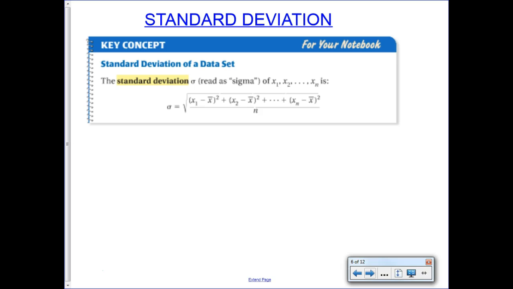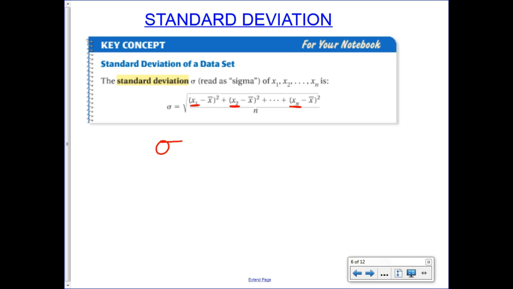And that's this formula. Standard deviation uses sigma, which looks like an O with a line coming off of it, of some number of numbers. You take a big square root, and we subtract our data values, so x1, x2, all the way up to x sub n. Just like on our previous problem, we had 1, 1, 3, 4, 6, and 9.